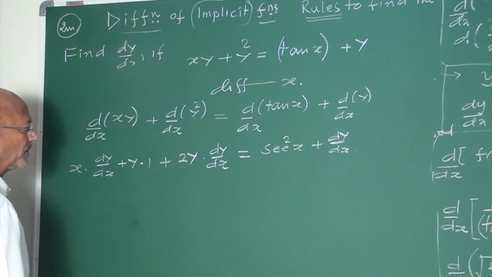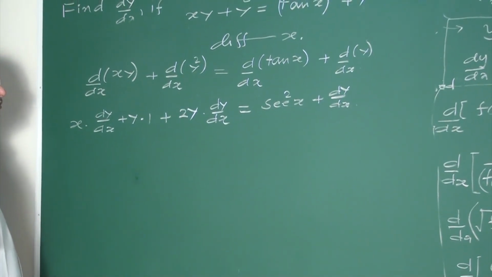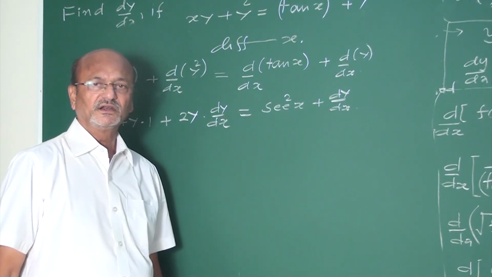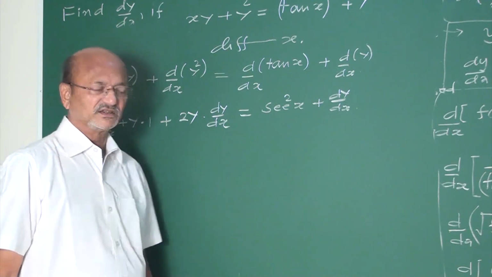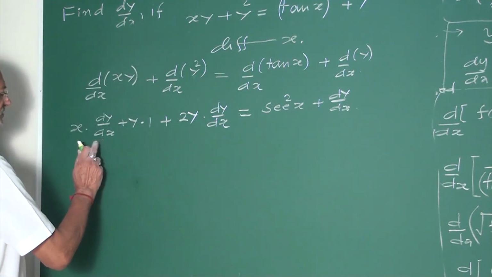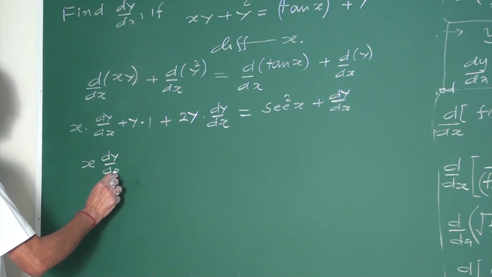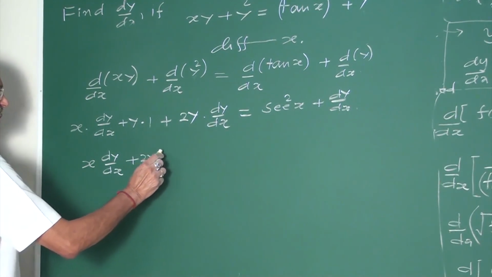Yes, my friend. Collect the terms containing dy by dx on one side, and the terms other than dy by dx on the other side. What is this? It is a term containing dy by dx.